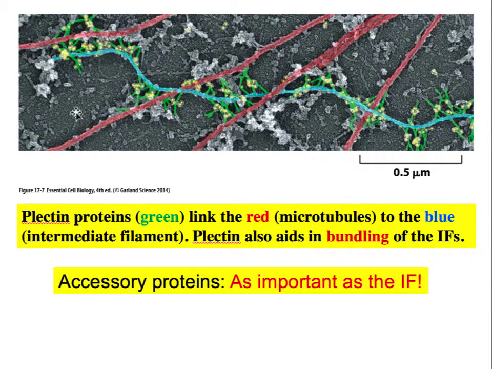The blue is the intermediate filament, and the intermediate filament is connected to the microtubules of the cell, and those are colored in red. So microtubules themselves don't take tensile strength too well. They can be easily broken. So they are stabilized by being cross-linked to the tension-bearing intermediate filaments of the cell by plectin.